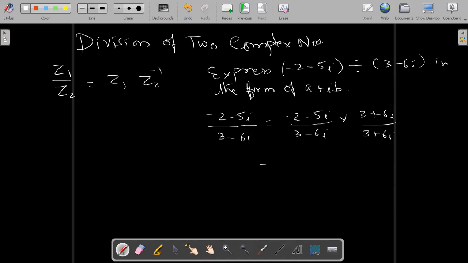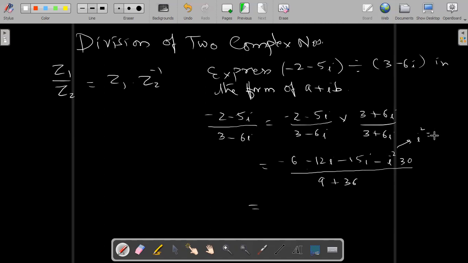In the numerator, this is minus 2 into 3, minus 6, and minus 2 times 6 iota, minus 12 iota. Then minus 5 times 3, minus 15 iota. Then minus 5 times 6 iota square, minus 30 iota square. Divided by 3 square, 9, plus 6 square, 36, which is 45.